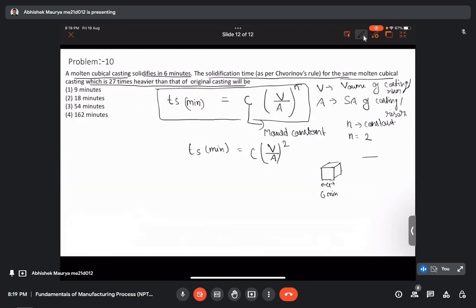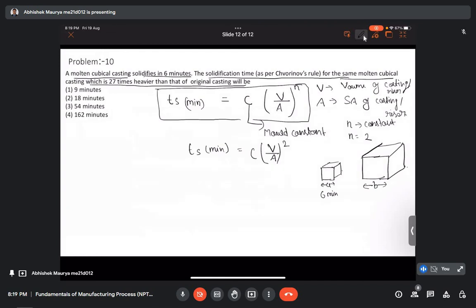Basically, we have a bigger cubical casting of the same material, let's say its edge length is B, but the information we have is that this bigger one is 27 times heavier than the smaller one.